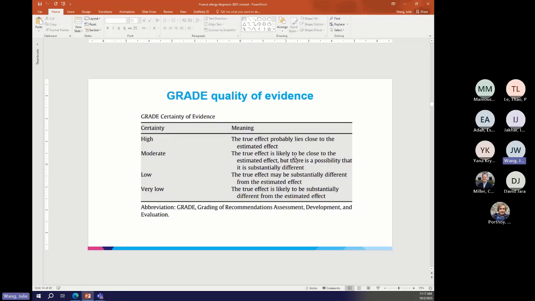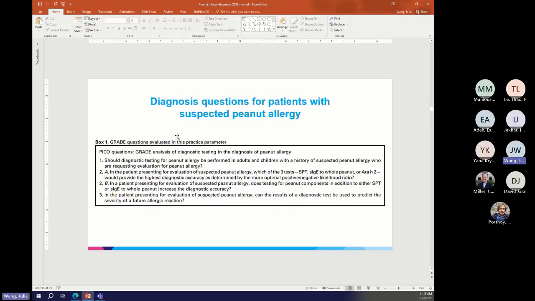Under the GRADE process, we also determine the quality of the evidence that exists. The different studies that contribute are looked at in these analyses, and we grade the certainty of the evidence as high, moderate, low, or very low. Before we start the GRADE process, we have to come up with questions.